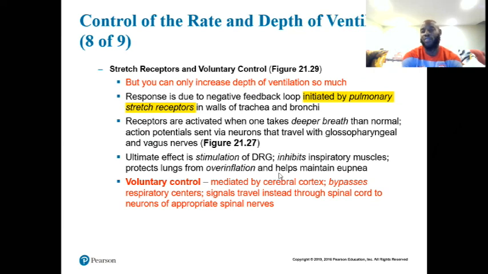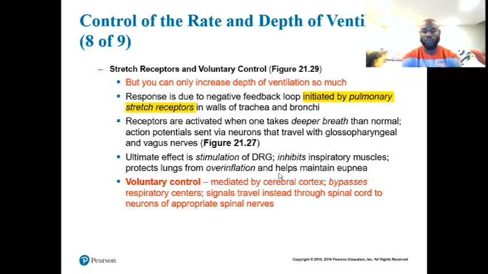There is a limit to how much we can increase our depth of ventilation on our own. The ultimate effect is the stimulation of the DRG, which inhibits inspiratory muscles, protects lungs from overinflation, and helps maintain normal breathing. All right. So in general, if you try to breathe in too much or breathe out too much, your body will try to stimulate your DRG so that you can get back to normal.